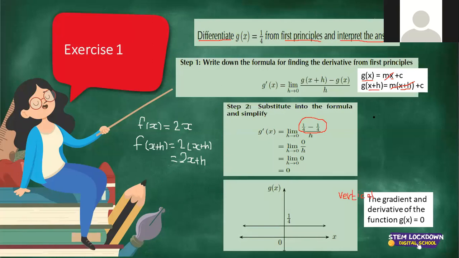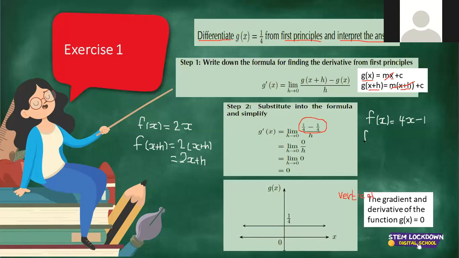So this is what you are simply going to do. And then if you're given a function f of x, which is 4x plus 1, my bad, 4x minus 1.